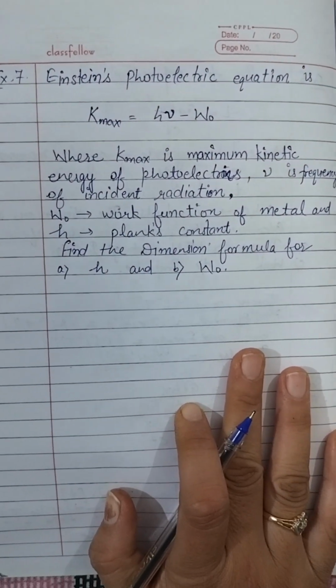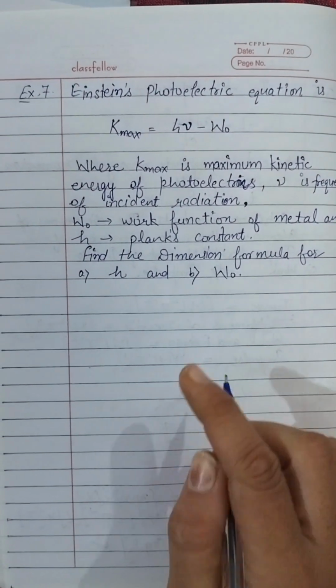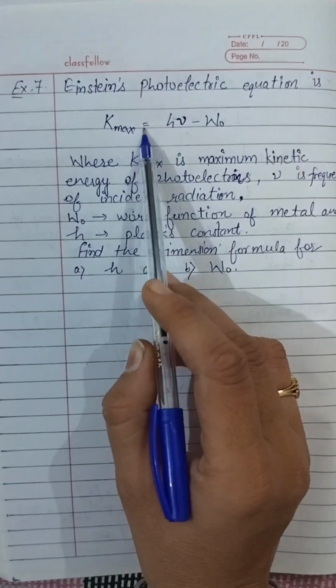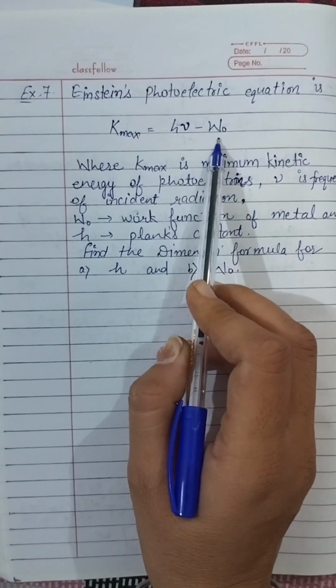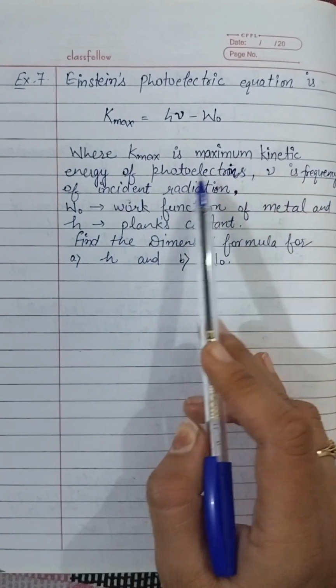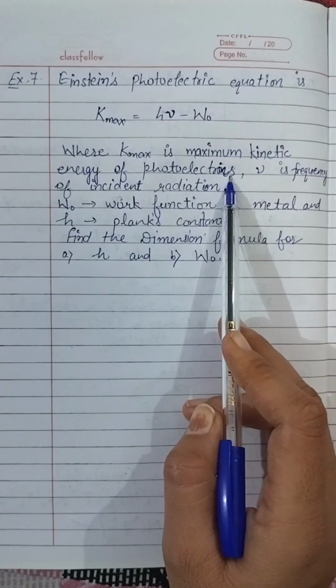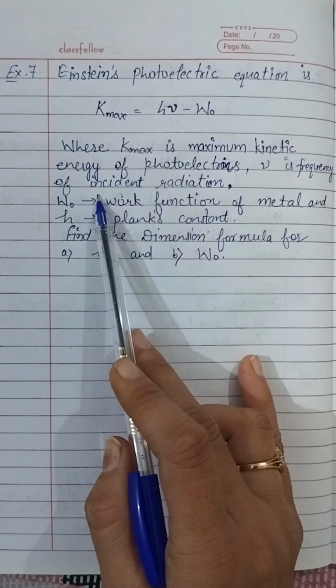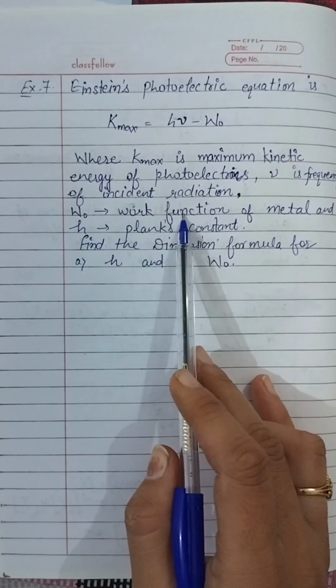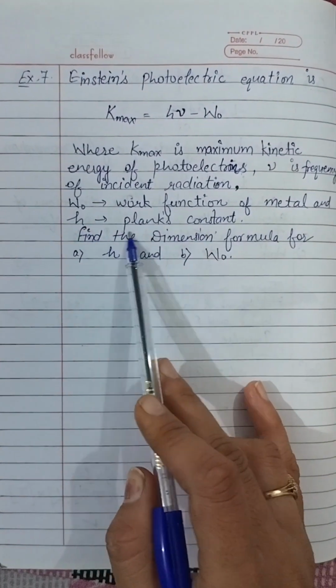Now we will talk about example number 7. Einstein's photoelectric equation is K max is equal to h nu minus W naught, where K max is the maximum kinetic energy of photoelectrons, nu is the frequency of incident radiation, W naught is the work function of the metal, and h is the Planck constant.